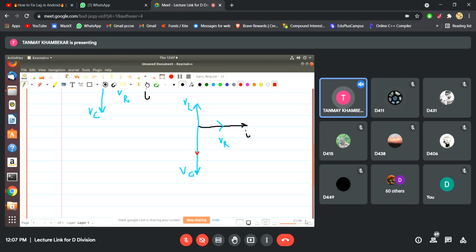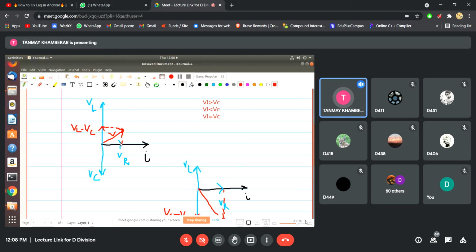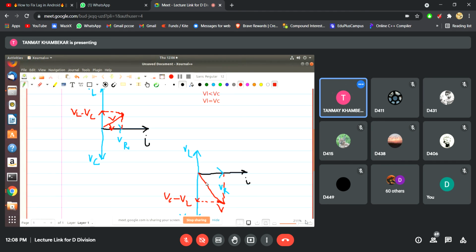Somewhere here I will get the resultant, and that will be VC minus VL. Then we just draw a parallelogram. So this is the resultant V. In this case, is the current lagging or leading the voltage? In the earlier case it was lagging. In this case, it is leading, because VC is greater.